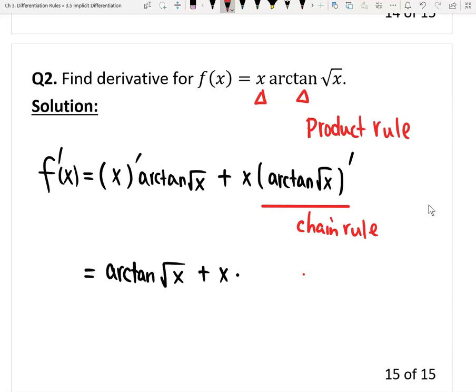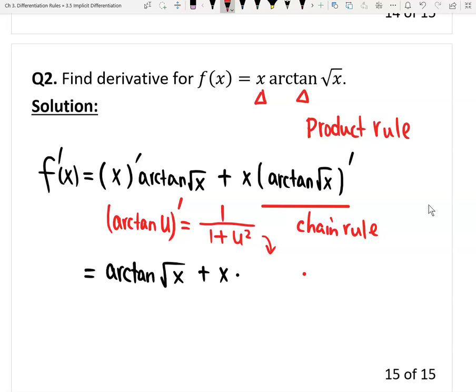So all we need to do is find the derivative of the outer times the derivative of the inner. The outer function is arctangent at u, right? Because u equals the square root of x is the inner. If I take a derivative, do you remember this formula? We just get 1 over 1 plus u squared. So that's the derivative of the outer.